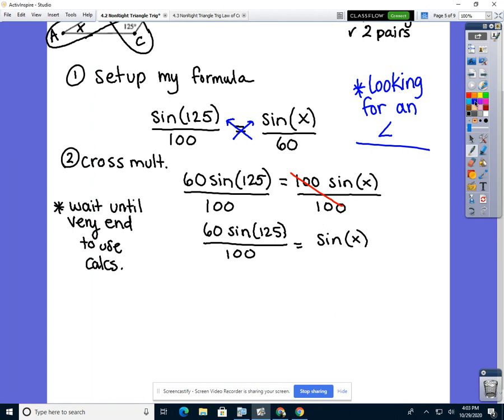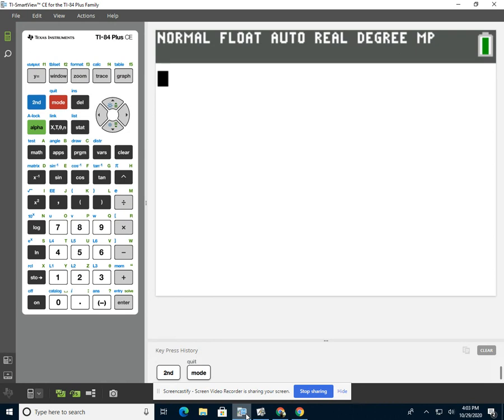But what we do is, using our calculator, we're going to press a button that I'll show you in a second, sine to the negative 1, the inverse of sine. So I'm going to go over to my calculator, and here it is. First thing I want to do, make sure you're in degree mode.